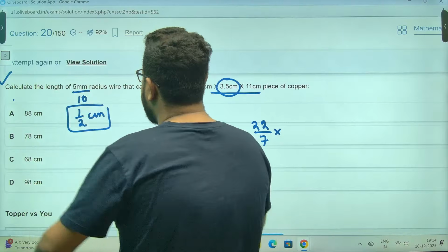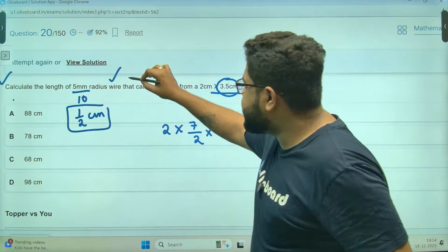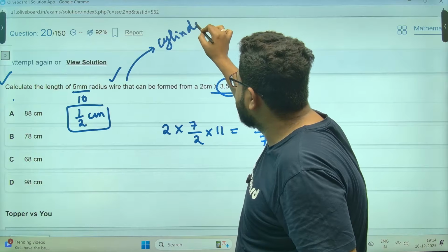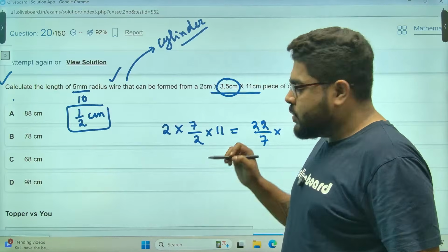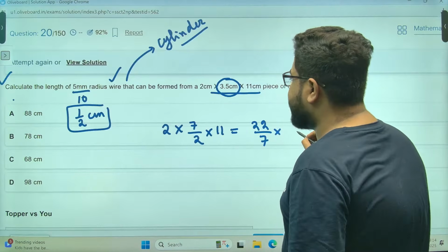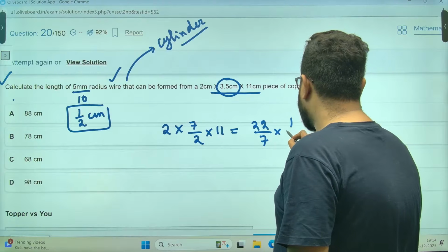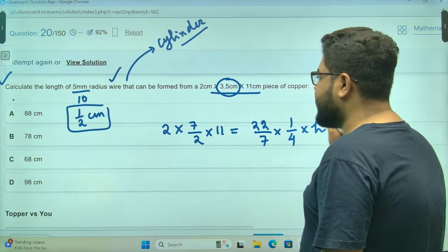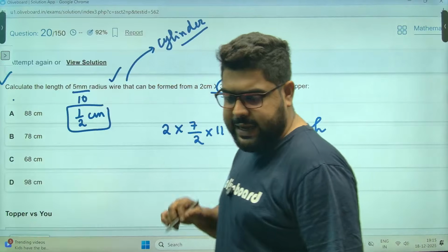Because please understand, this is a cylinder. So ultimately pi r square h, where r is 1 by 2, meaning r square is 1 by 4, into h. H I need to find. Length is that h, height.